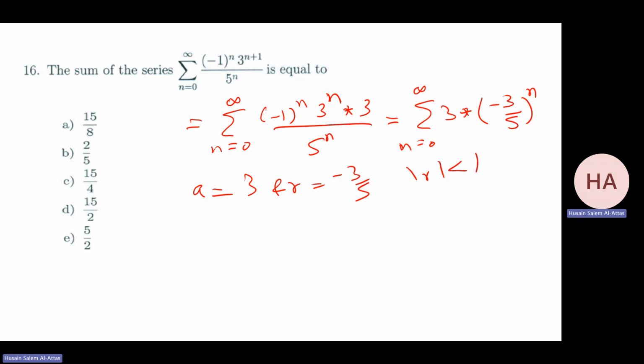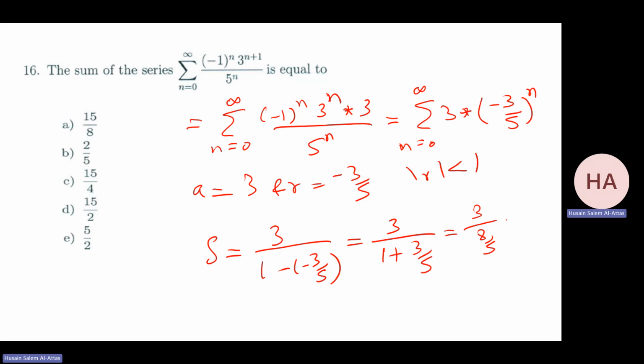Notice the absolute value of R is less than 1. So the sum is 3 over 1 minus minus 3 over 5, that will be 3 over 1 plus 3 over 5. That will be 3 over 8 over 5, which is 15 over 8. And that will be the answer.